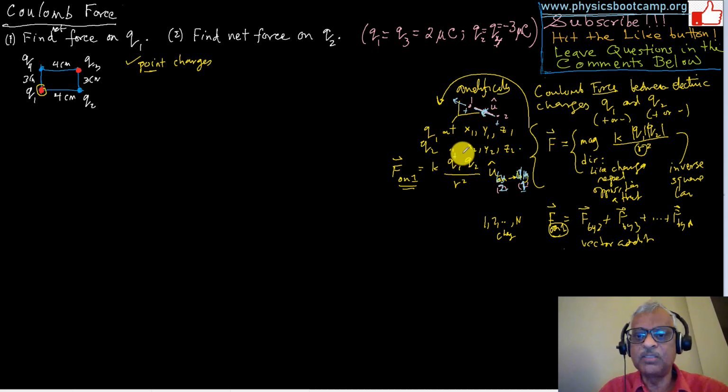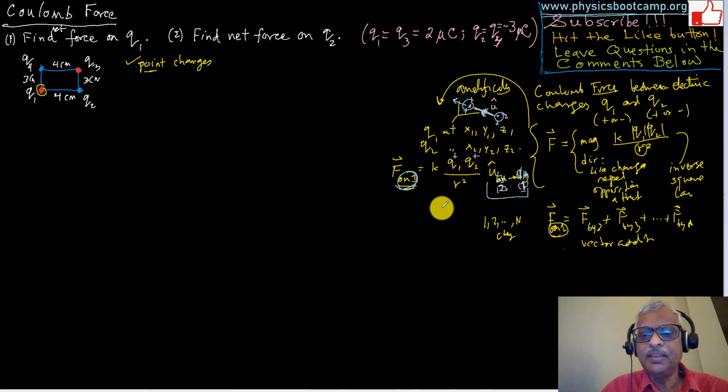Okay, so this is the way you can use this rule to actually check your answer. If this is positive and this is positive, then this should be in the direction of the force. If I'm looking for the force on 1, then it should be a repulsive force, so 1 is repelled away from 2.